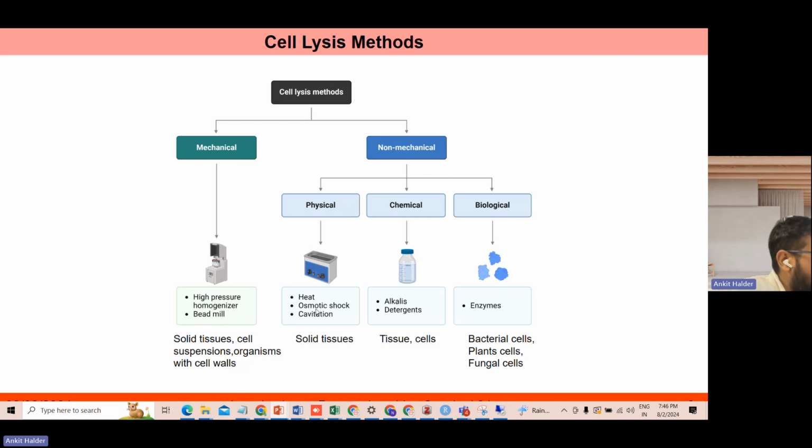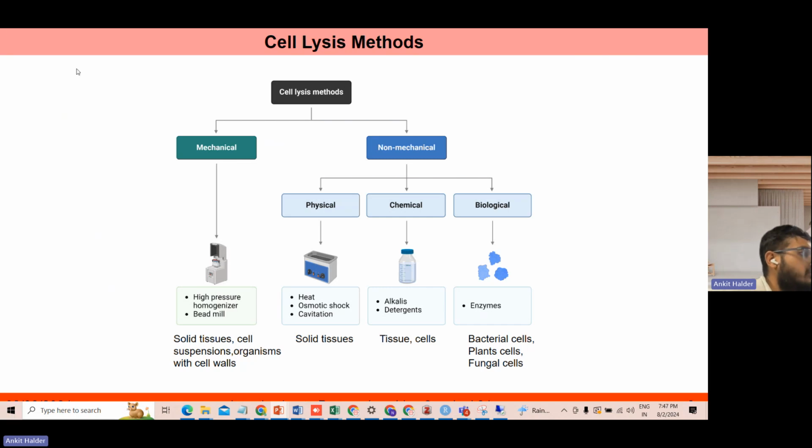Then there is the chemical, like alkali and detergent, again for tissue cells, and enzymatic degradation, that is, using biological means, the enzymes that can lyse the cell walls of bacterial cells, plant cells, and fungal cells.